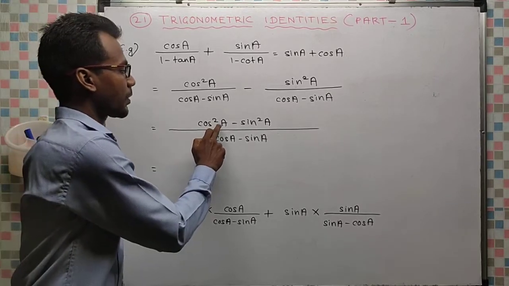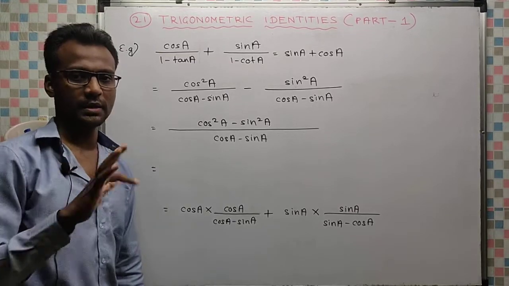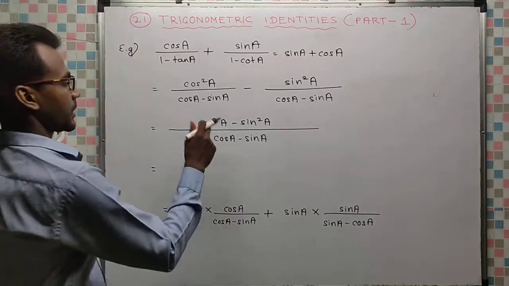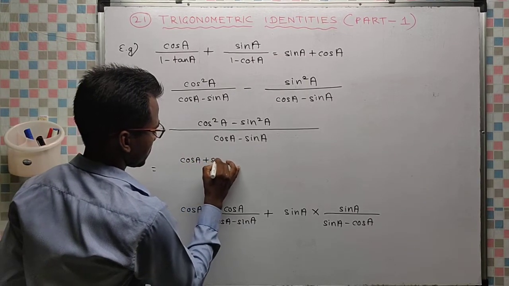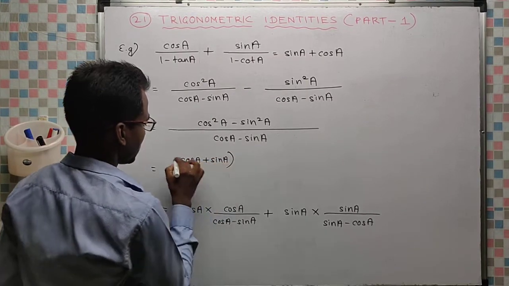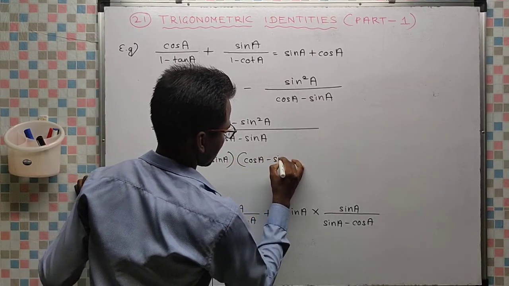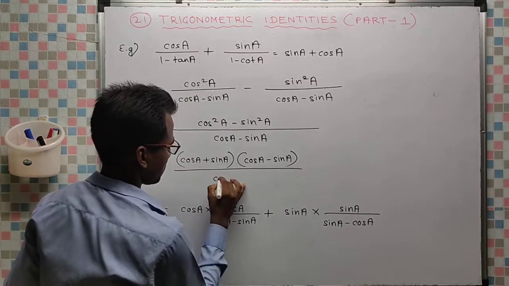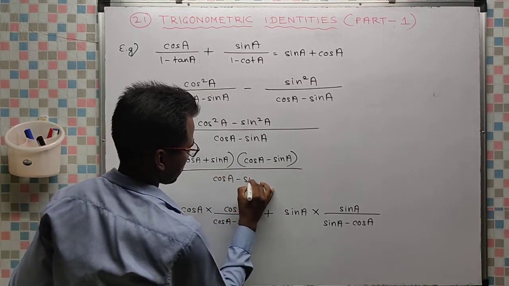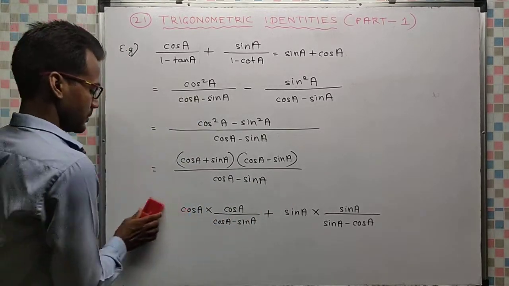Now see, it is in the form of A square minus B square. A square minus B square can be factorized as A plus B into A minus B. So let us factorize this. Cos A plus sin A whole into cos A minus sin A whole by cos A minus sin A. I have factorized.